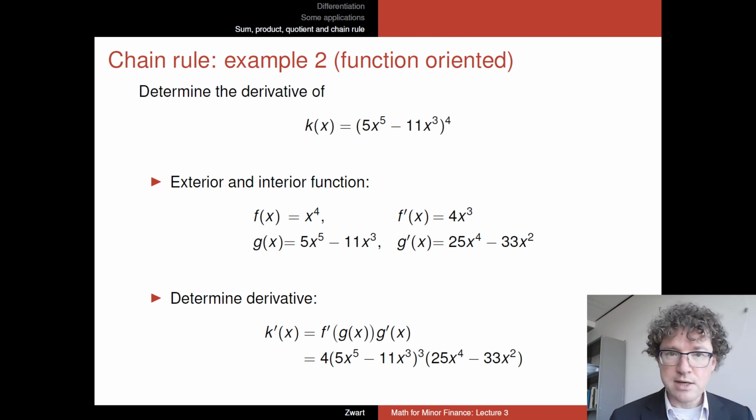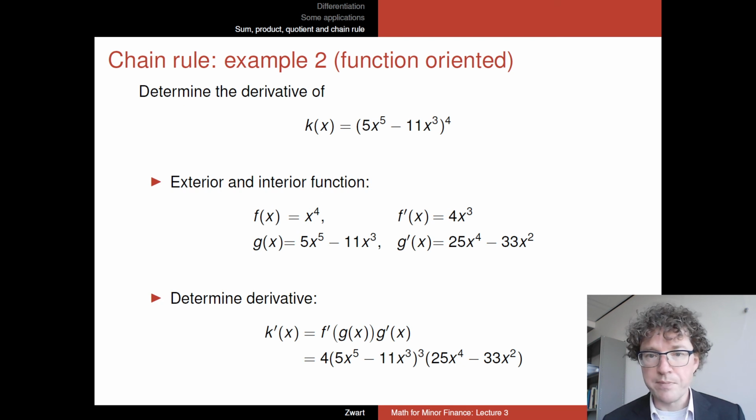Okay, so that's the chain rule. A second example of the chain rule in operation. Again, try to practice with this. I'd advise with the exercises, also the exercises from the book, some of which will be done by Jeline in the videos on the tutorial.